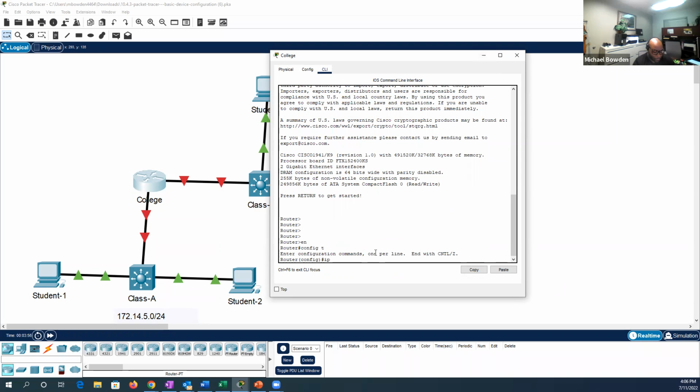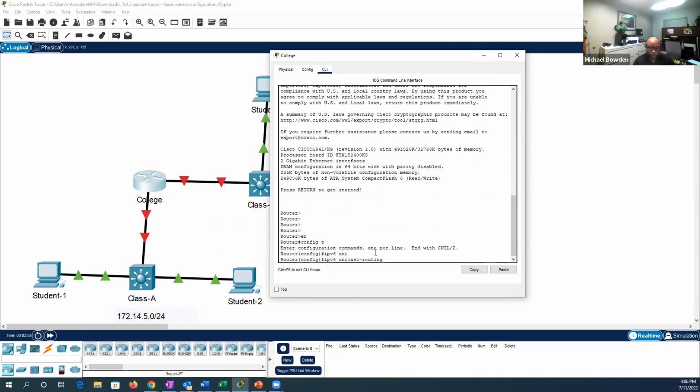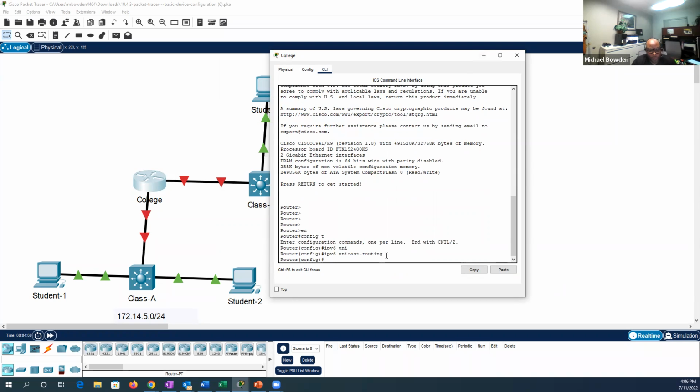So with the IPv6 unicast routing, what that does is activate the routing process for IPv6. So without that command in there, you can go ahead and enter your IPv6 addresses on your interfaces, but nothing is going to route until you put in that IPv6 unicast routing command.